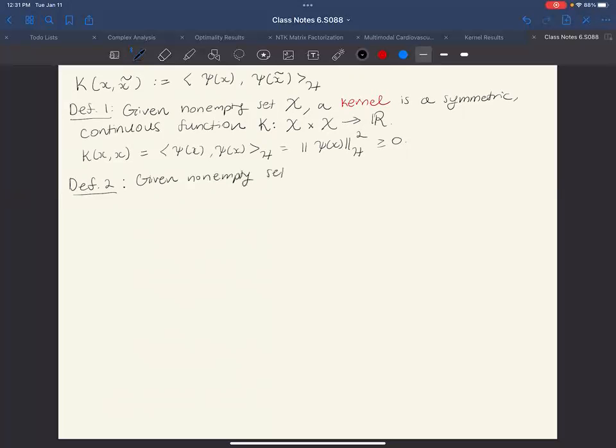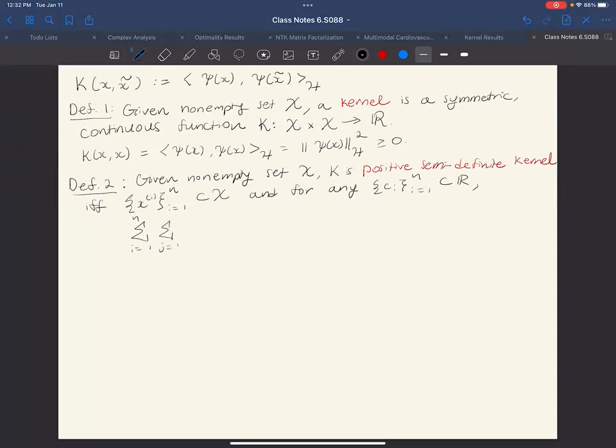Given a non-empty set X, a positive semi-definite kernel is of course a symmetric continuous function, but let's say this function k is a positive semi-definite kernel if and only if, now this is a bit of a complicated condition, but we'll see it's actually easy to verify in some cases, for xi, i equals 1 to n contained in X, and for any constants ci contained in R, we have the following constraint.